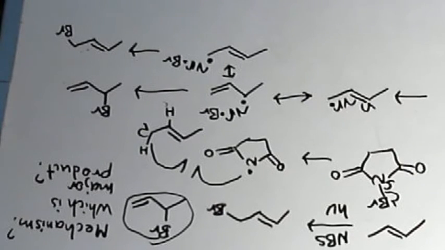So as you can see, if you develop a framework for attacking these types of problems, there's a lot less you have to worry about, and it becomes much more methodical. And so I want to repeat the framework for you very quickly. The first step is to identify the reactive groups in your starting materials and figure out how they react.